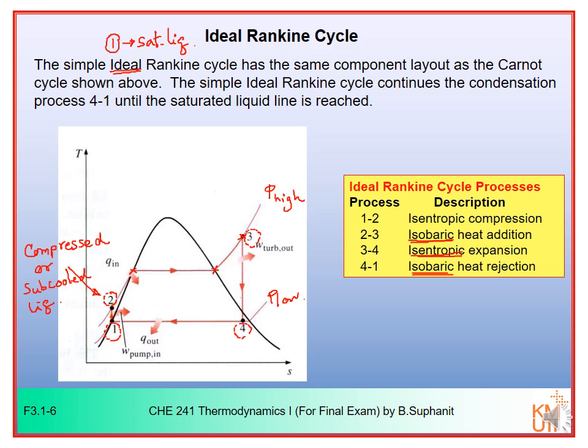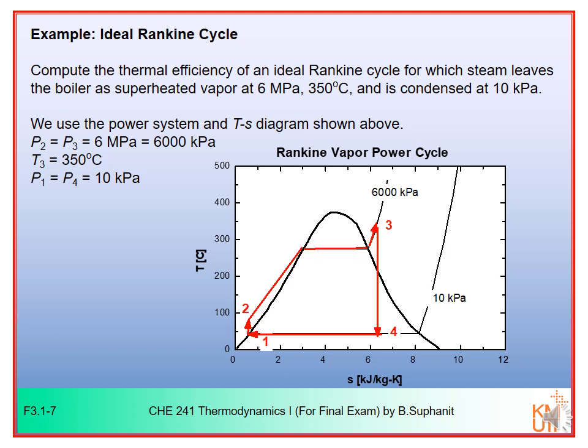Right then, now let's take a look at a simple calculation example of the ideal Rankine cycle. Now in this example, we want to determine the thermal efficiency of an ideal Rankine cycle. The condition is that the steam leaves the boiler as superheated vapor at 6 megapascal, 360 degrees Celsius.